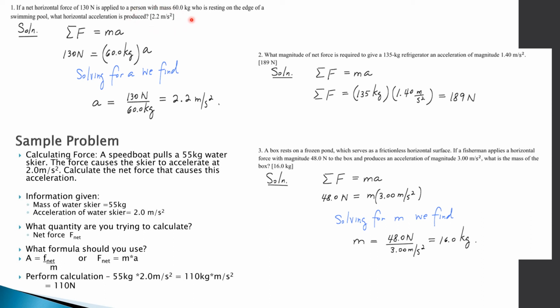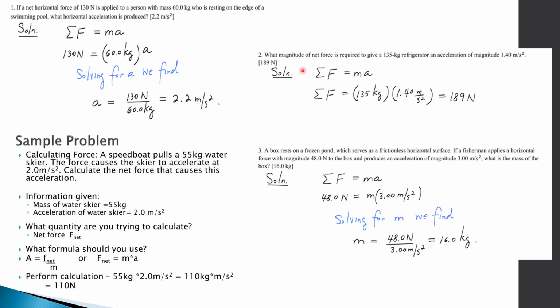How do we get that? Force equals mass times acceleration. We know that the net force is 130 newtons, and the mass of the person is 60 kilograms. So to look for the acceleration, we divide 130 by 60, and we get 2.2 meters per second squared. That's the acceleration. Okay.